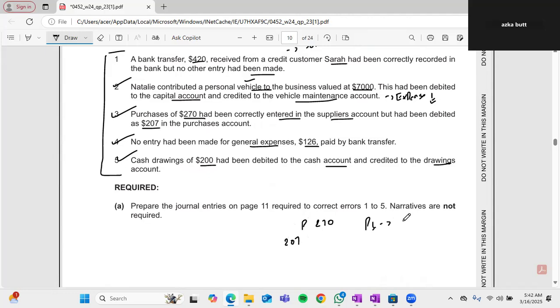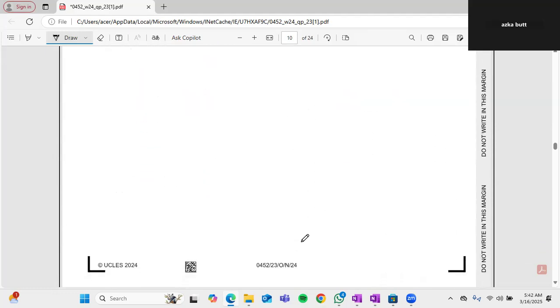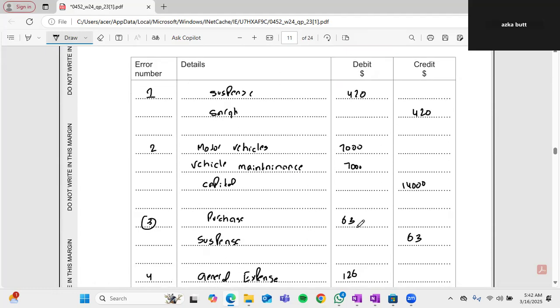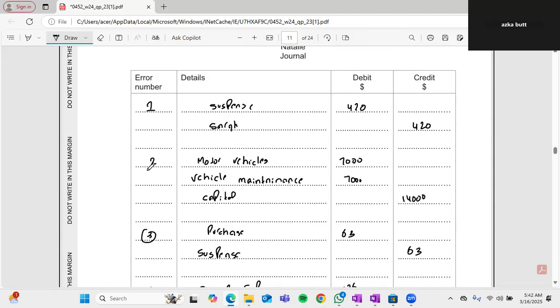Purchase is part of the cost of sale, and cost of sale is deducted from the revenue. We should debit the purchase account with 270, but we mistakenly recorded 207, so we have to increase it by 63.